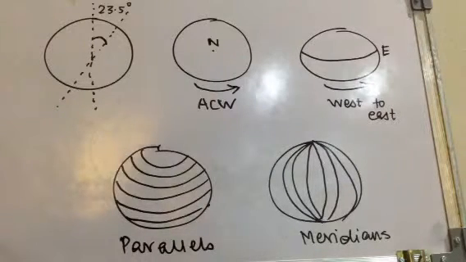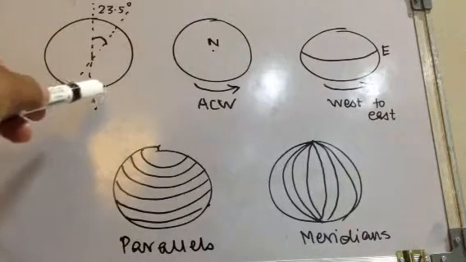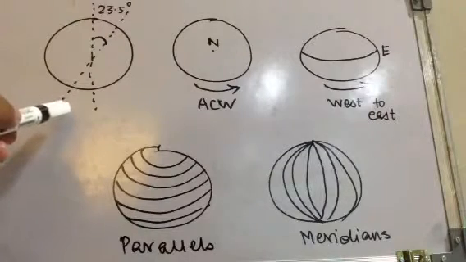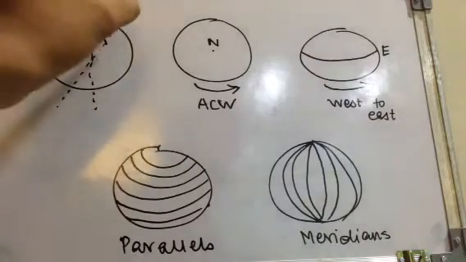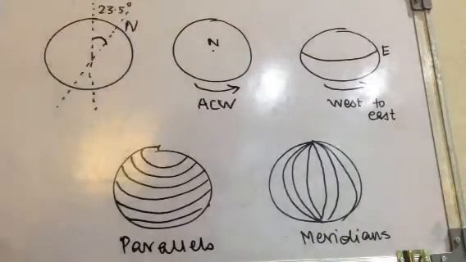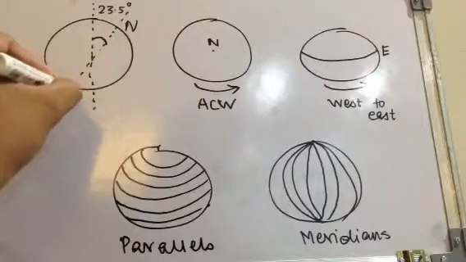In the first figure, you can see that the earth is tilted on its axis by 23.5 degrees. So basically what we learn is that this is our North Pole and this is our South Pole.